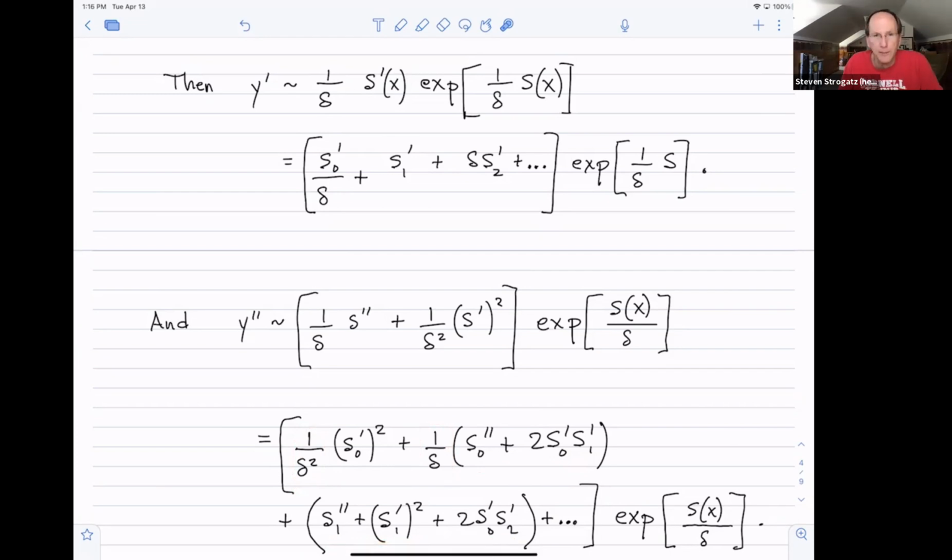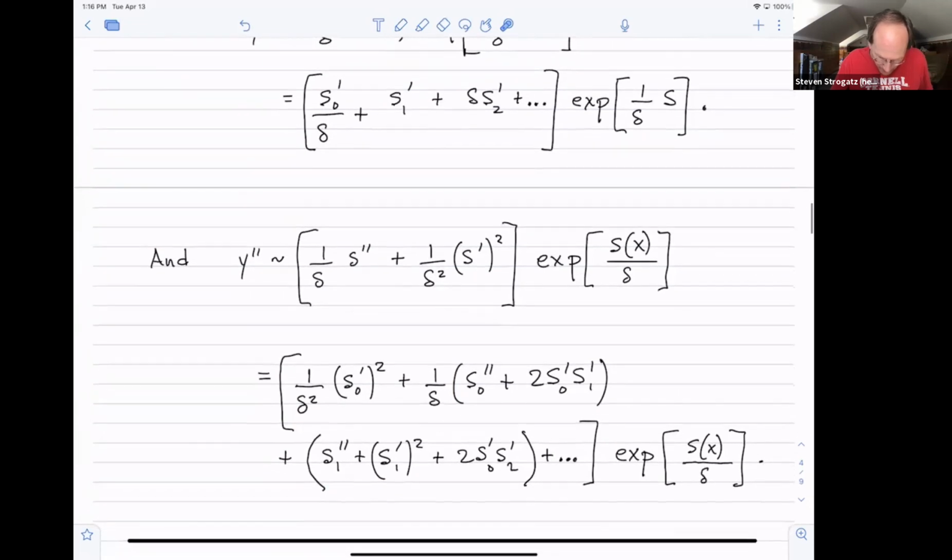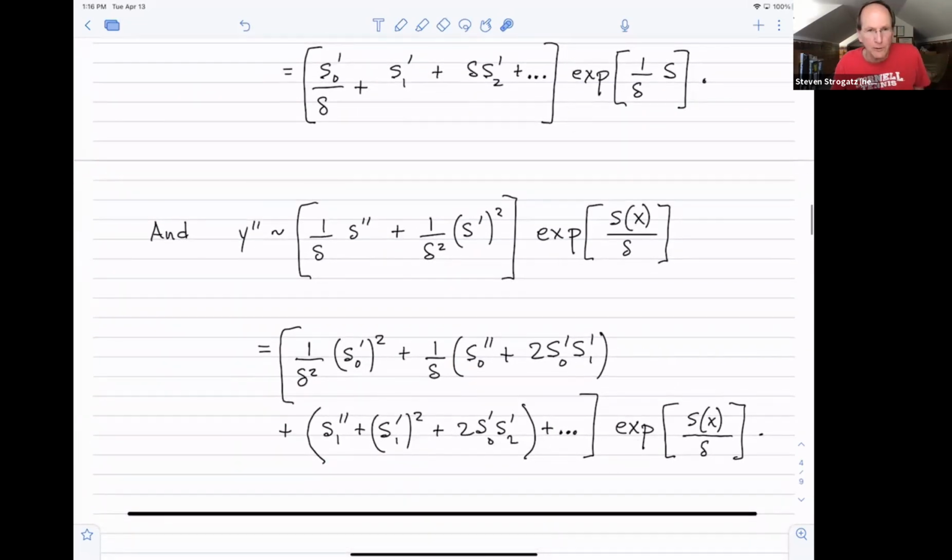So all of that is obtained just by literally substituting my expression for s in here and collecting terms. So, okay, I'm just going to record that for now. And we're going to use that, as I say, throughout the lecture. When I do various perturbation calculations and I look at order 1 or order delta or whatever, we'll just read off some of these terms.